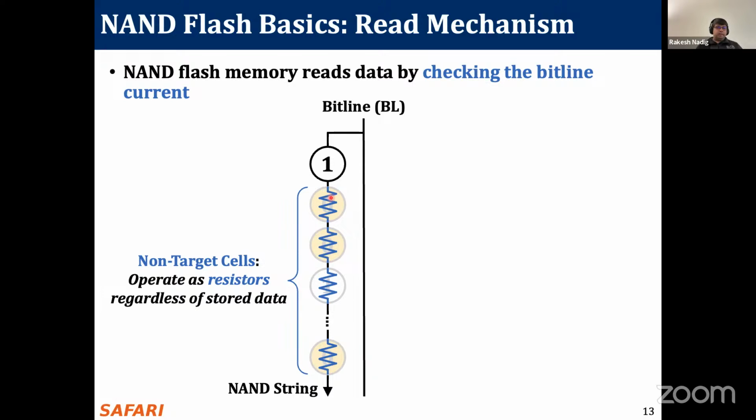As we provide the V-pass many times across a large number of reads, it can actually create a sort of pseudo-programming effect on these cells, and that can result in some disturbance and loss of data. So that has an impact, but there are also mitigation techniques present in flash memory devices to mitigate such effects.